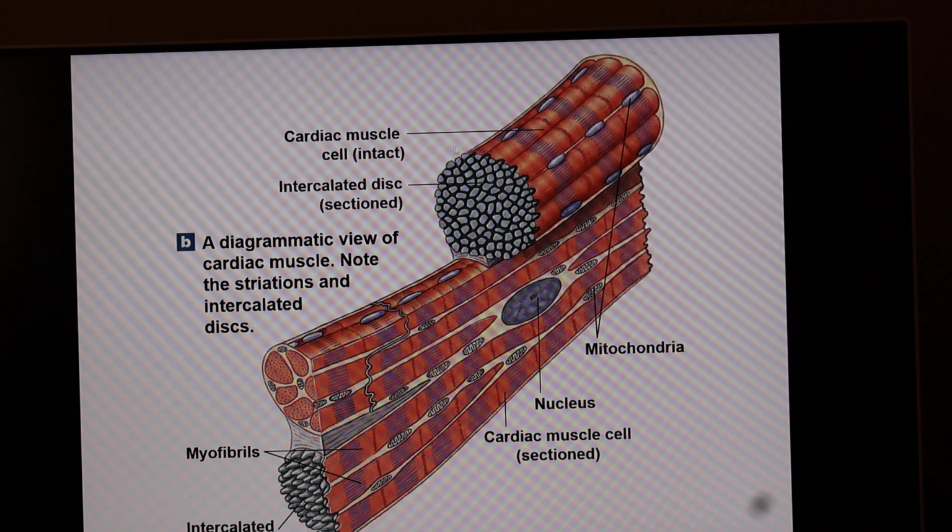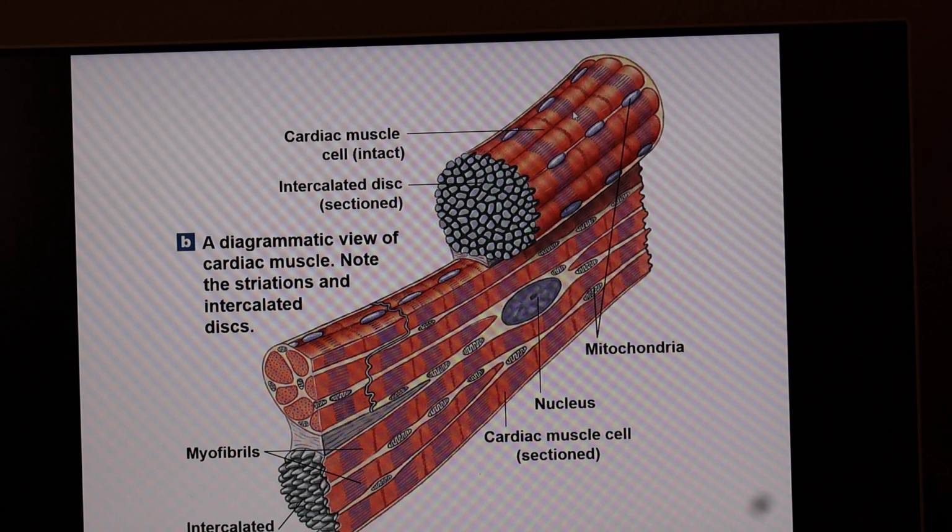This is the cardiac muscle. Can you see the intercalated disc? And this is only found in the cardiac muscle. It's not found in the smooth muscle, not found in the skeletal muscle. But the striations, you can see them.